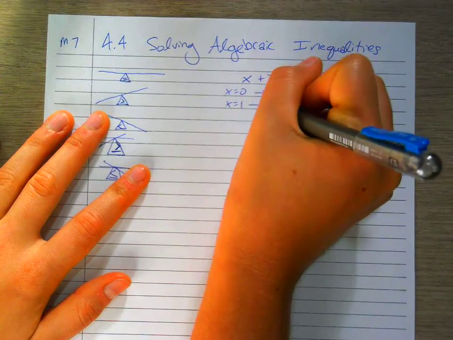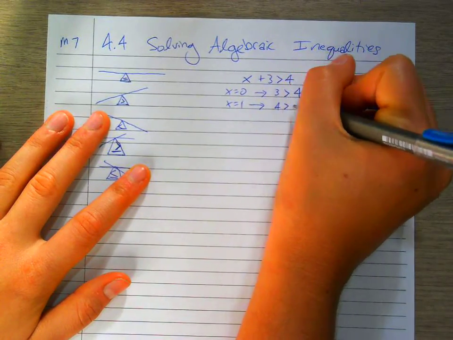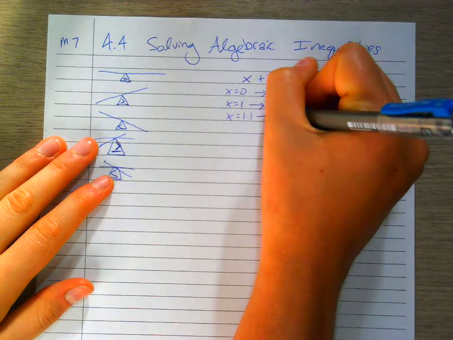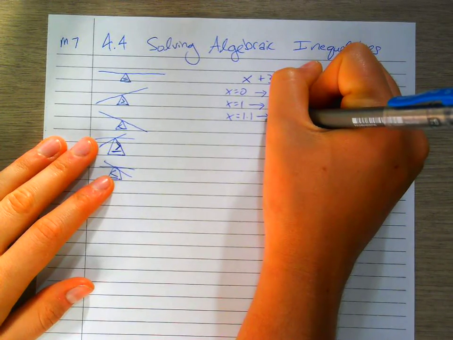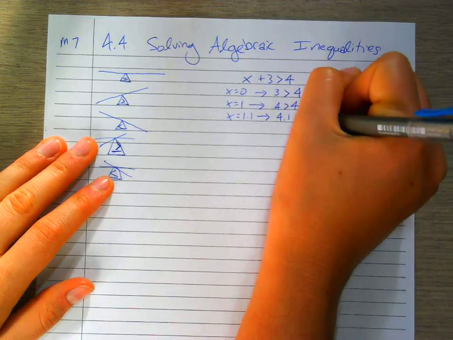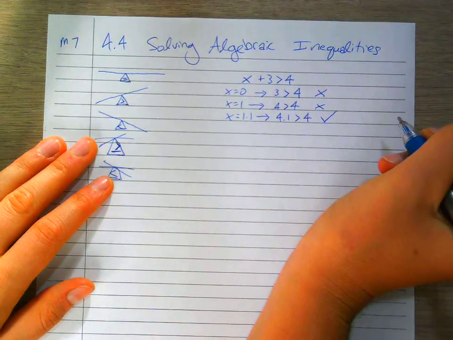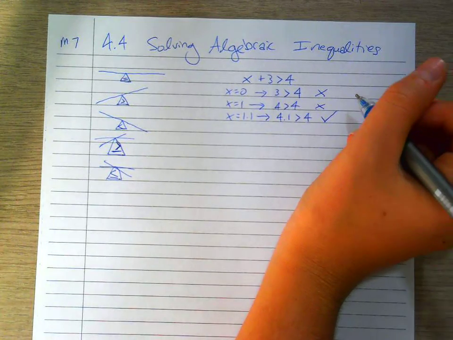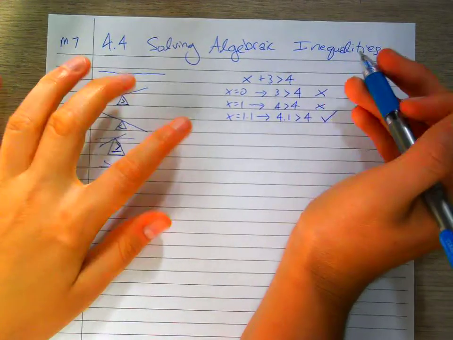If x is 1, we'd say that 4 is greater than 4, which is not true. They're equal. Say x is equal to 1.1, and that would tell us 4.1 is greater than 4, which is true.